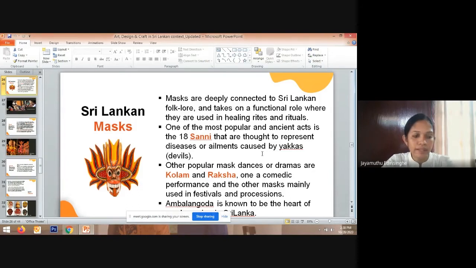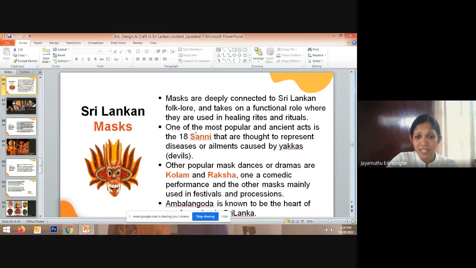Those days people thought that diseases were caused by bad demons, and that is why people got sick. That's why they used these masks and had mask dances to perform healing rituals. I think this also comes from India.